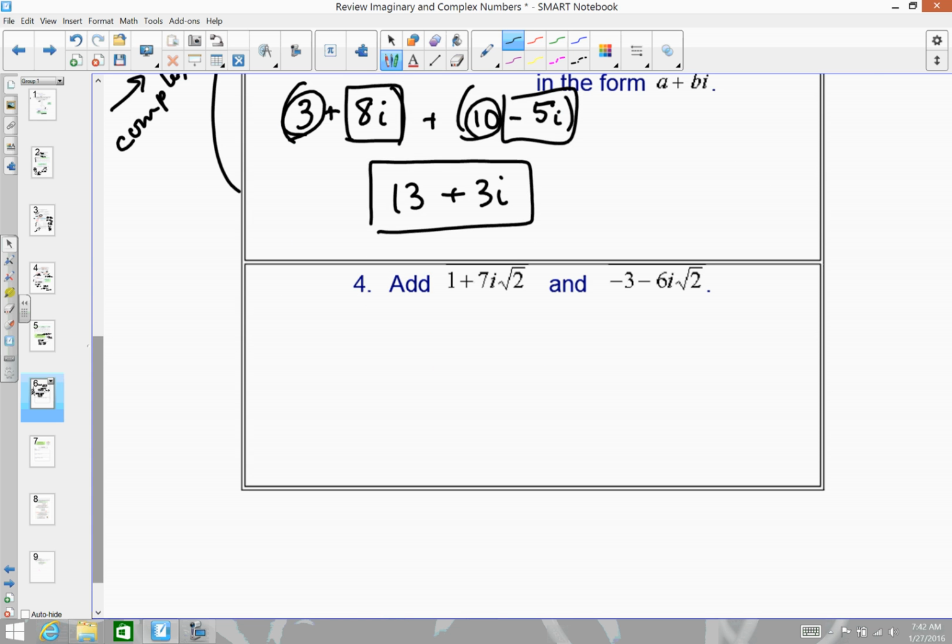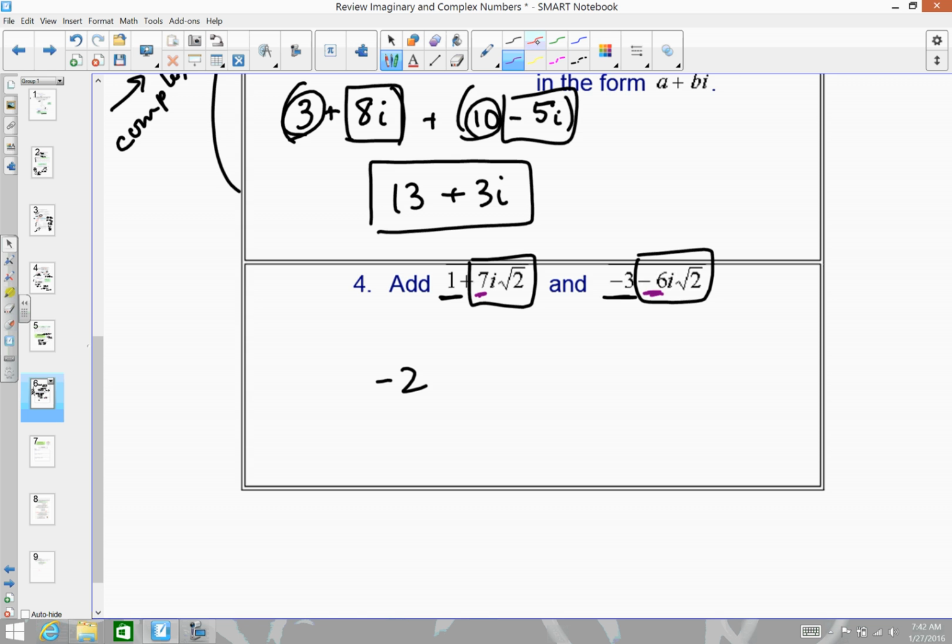One more example here. I'm going to take my real parts, add those together, get negative 2, and then my imaginary parts. When I'm adding imaginary parts, I can only combine them as like terms if everything after my coefficient is exactly the same. So here I have a coefficient of 7, and here it's negative 6.